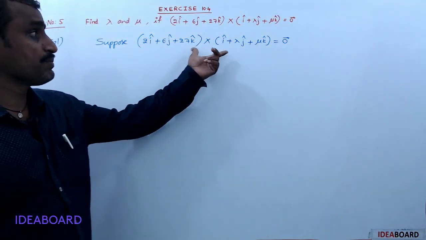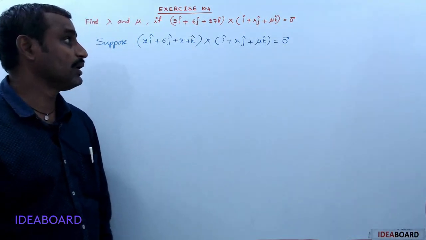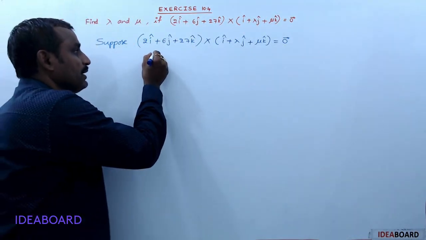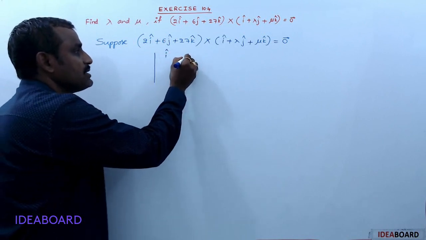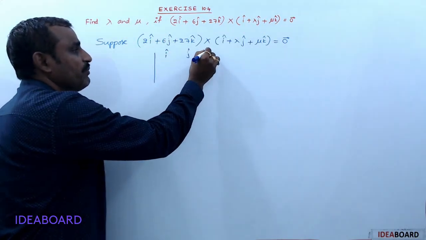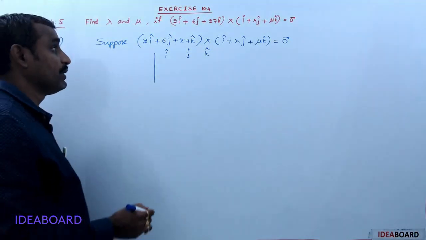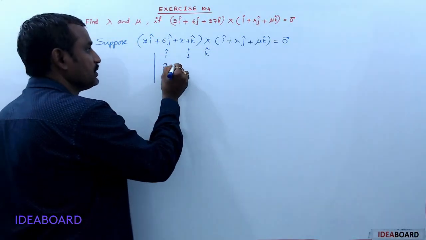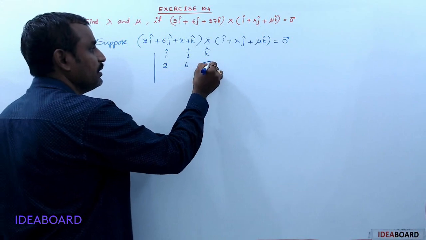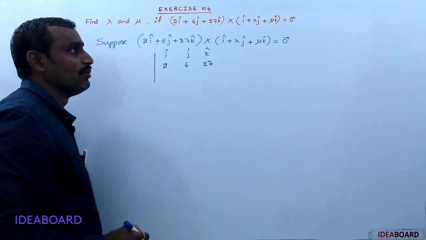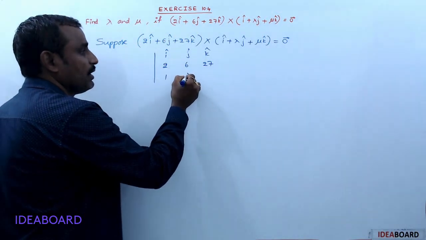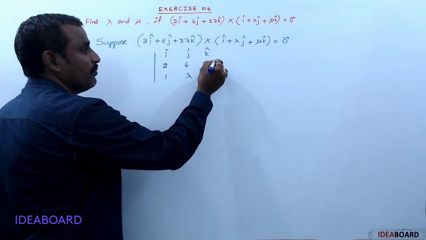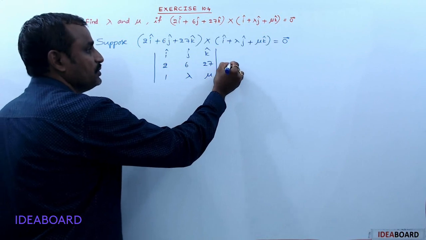How do we write the cross product of two vectors? Take the determinant form. First row filled by i, j, k; second row filled by the scalar components of the first vector, 2, 6, 27; third row filled by the scalar components of the second vector, 1, lambda and mu. This is equal to 0 bar.